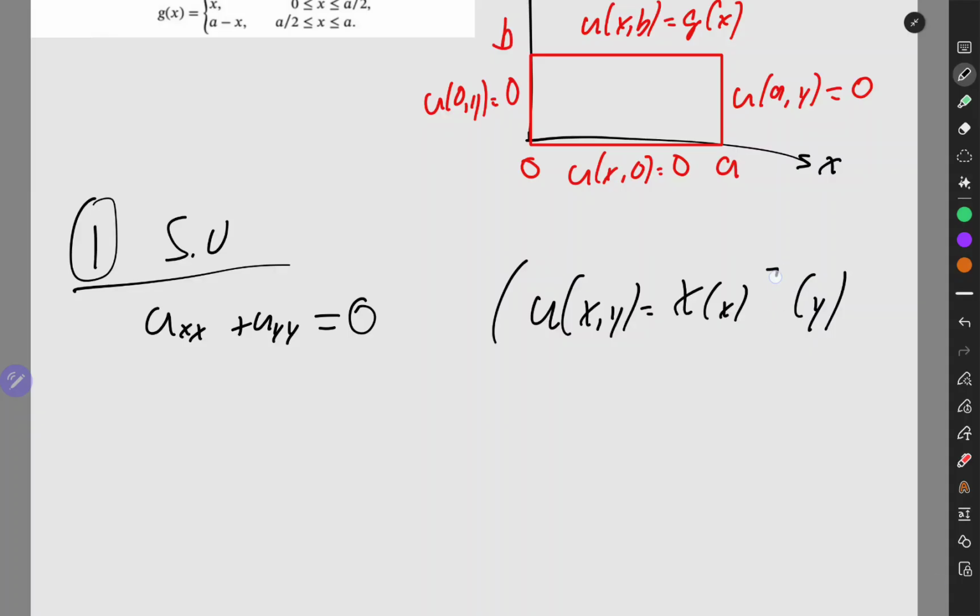For my capital Y, I'm going to draw it like this, probably. No, that looks bad. Let's try and make it straight. I don't know how to draw capital Y's.